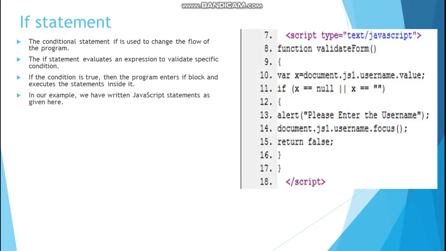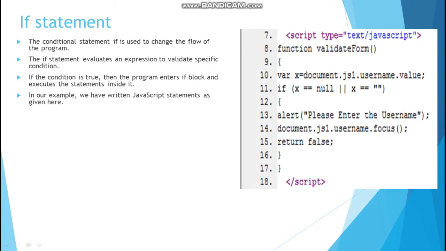In our example, we have written JavaScript statements as given here. Whatever is written inside script and slash script is JavaScript code. Here we have created the function validateForm. Inside the curly brackets we have written the function code.